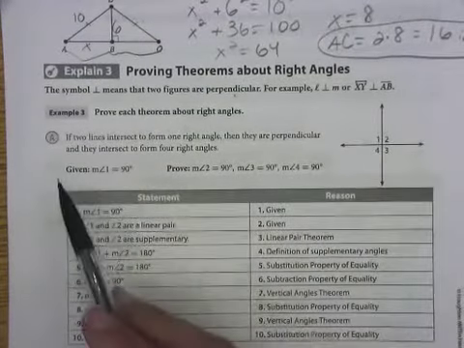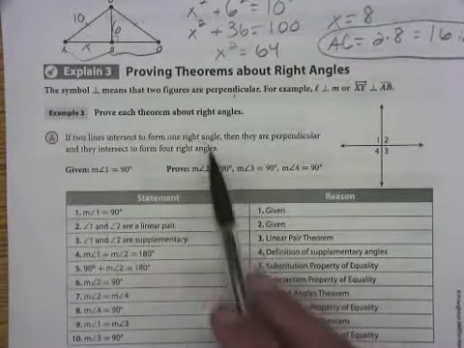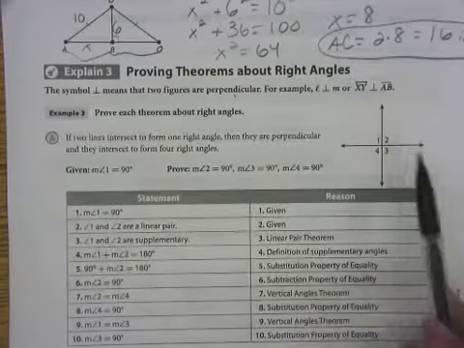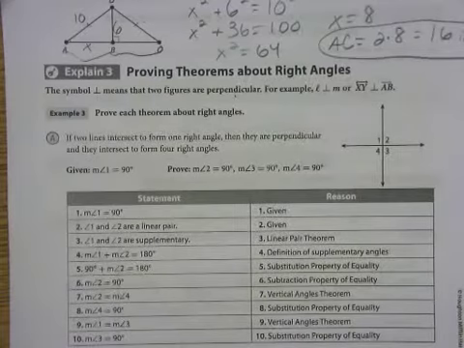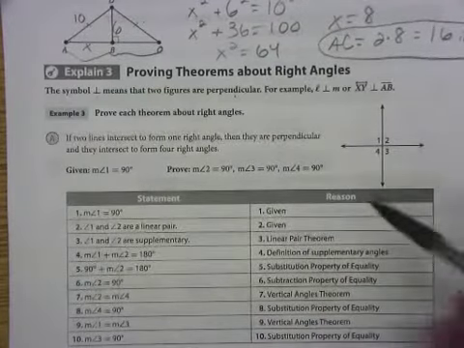In example 3, part A, we are proving that if two lines intersect to form one right angle, then they are perpendicular and they intersect to form four right angles. Basically, if two lines intersect to form one right angle, then all four of those angles formed by the intersecting lines will be right angles, and we can use the definition to say that the lines are perpendicular.